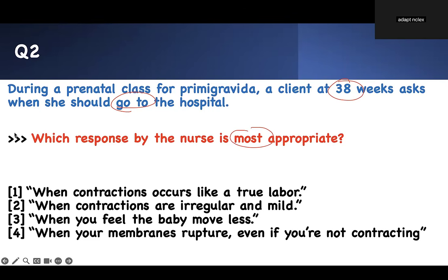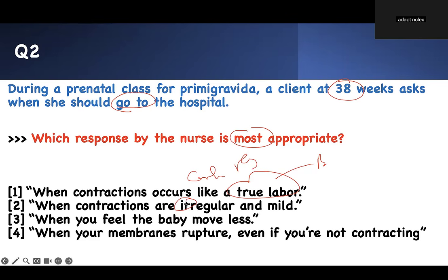Secondly, we have to make sure you are in true labor, but you don't know it. You can't tell a patient that you are in true labor. She has no clue of the definition of true labor. These words belong to the nurse and the doctors. What she will know is when the contraction is regular, but this one says irregular.